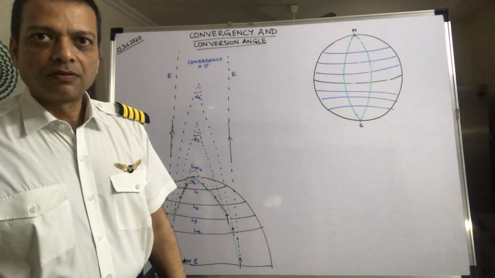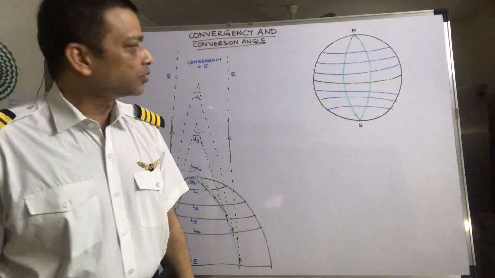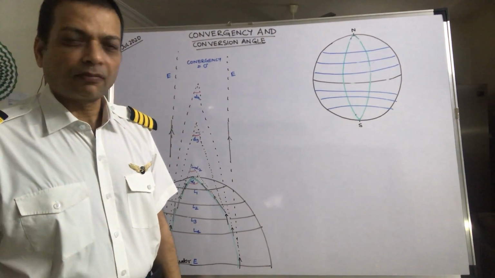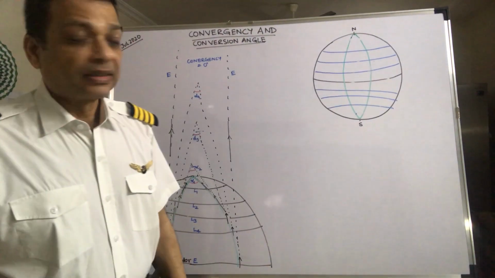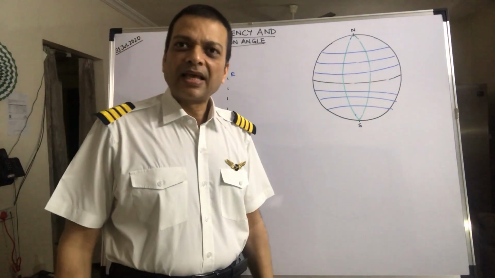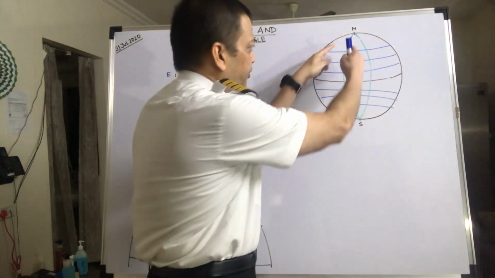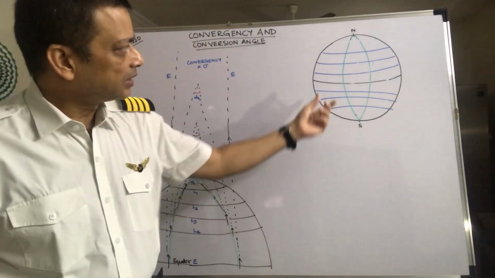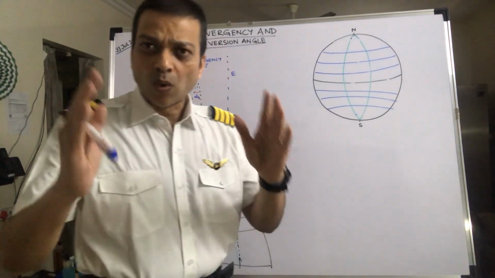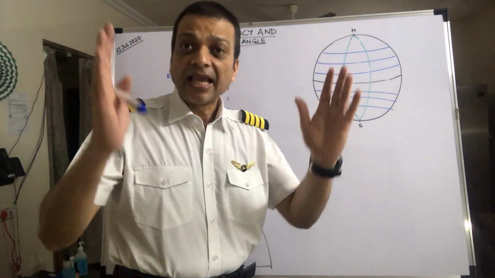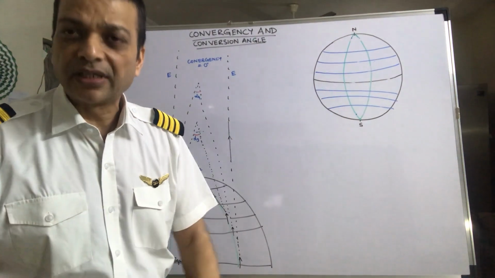If we see this meridian, which is marked by the green line, connecting the North Pole to the South Pole, you will see that the longitudes start from the North Pole, and as they go down towards the equator, they keep on diverging, and at the equator they are at maximum displacement. Thereafter, when they go down to the South Pole, they start converging again and intersect at the South Pole.